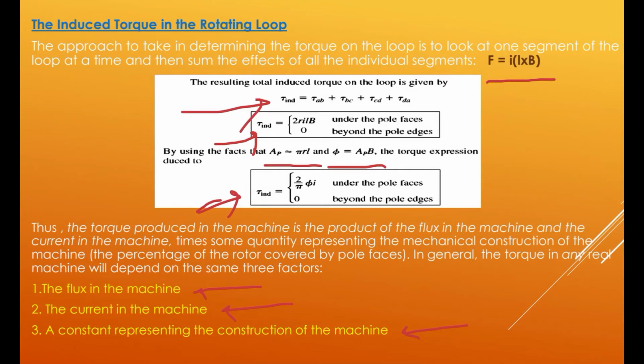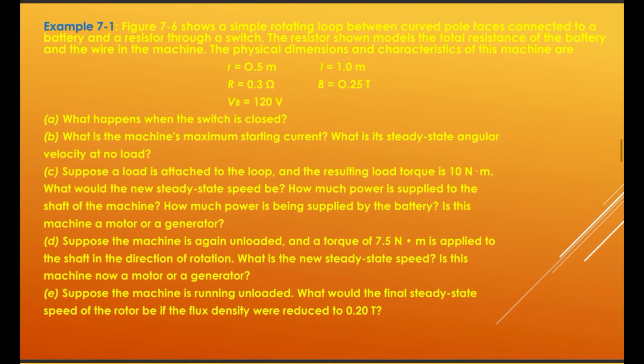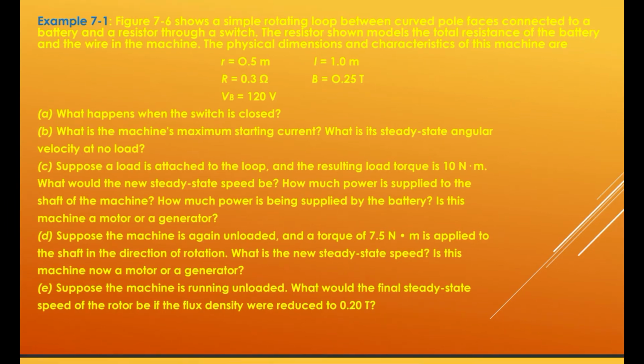Now let's move to the next slide. We have example 7.1. Figure 7.6 shows a simple rotating loop between curved pole faces connected to a battery and resistors through a switch. The resistor shown models the total resistance of the battery and the wire in the machine.